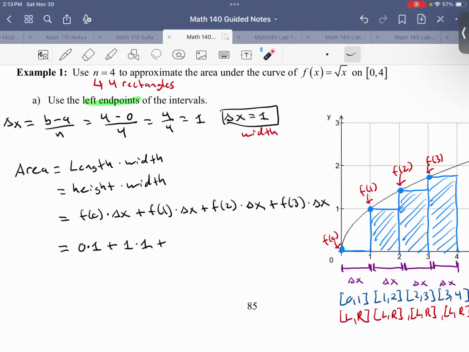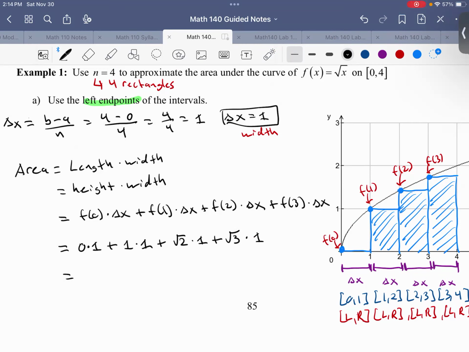And then f of 2, that means square root of 2. We don't have an exact answer for that, so I'm just going to leave it as square root of 2 times our width, which is just 1, delta x. And lastly, f of 3 is square root of 3. Don't have an exact answer for that, and times delta x, which is just 1.